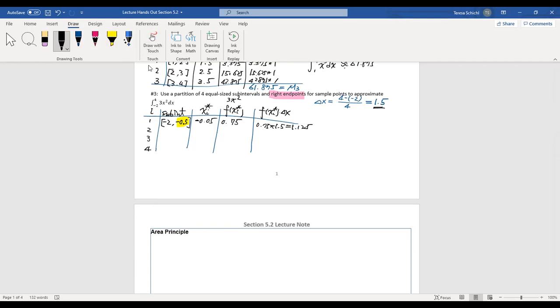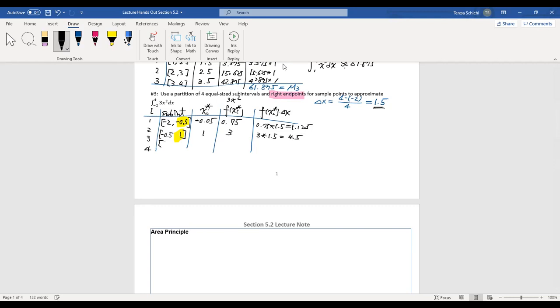Now let's look at the second interval, from -0.5. You add 1.5, so we stop at 1. Then you use the right-hand point, which is 1. Substituting, 3 times 1 squared is 3, and 3 times 1.5 is 4.5.